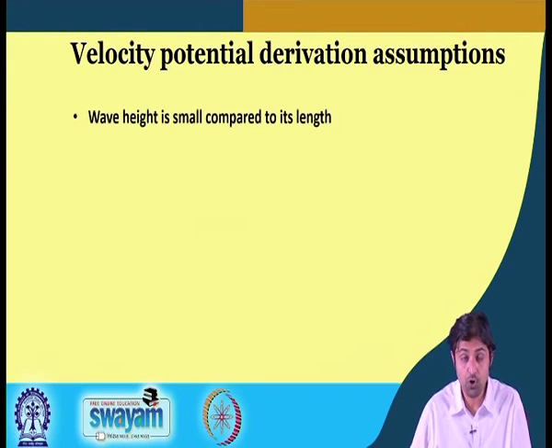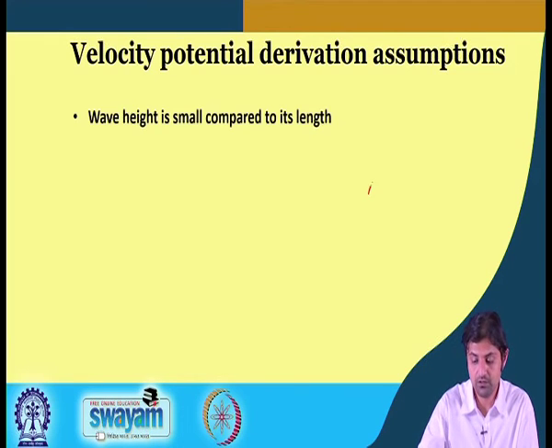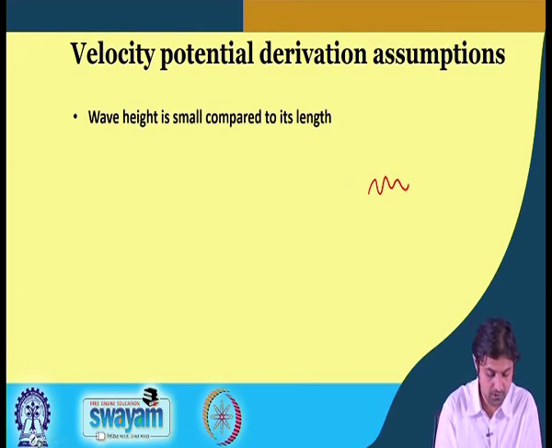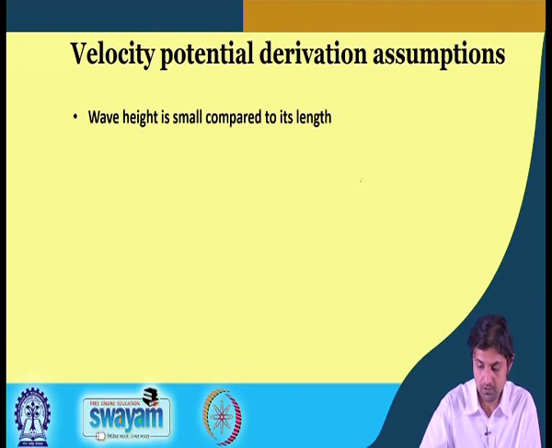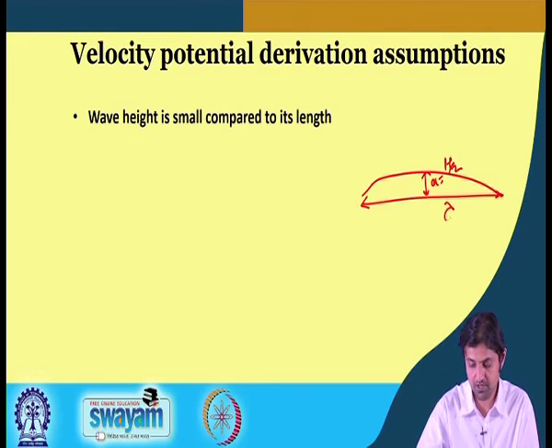Now we also assume some additional conditions, that wave height is small compared to the length. So, let us say amplitude is equal to wave height by 2, and wavelength lambda by 2.